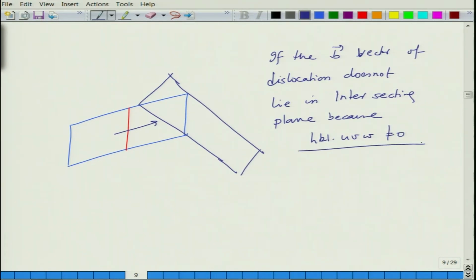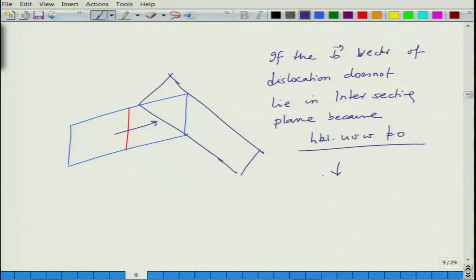So, that Burgers vector may not lie in that plane. Because dislocation is nothing but a bunch of atoms, a faulty region, the faulty region may move from one plane to another, but it may happen that the Burgers vector does not lie. If the Burgers vector does not lie, it will not move.